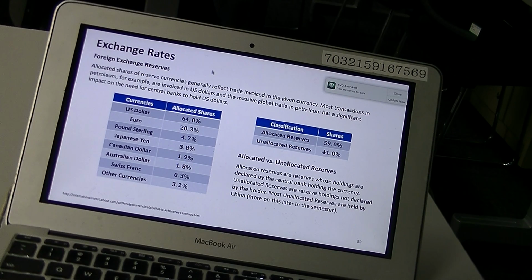The Japanese yen is less important. That's probably for trade within Asia, and to some degree because the yen is an important global currency in terms of just the volume of transactions. There's a significant amount of transaction in yen because there's a lot of trade with Japan.